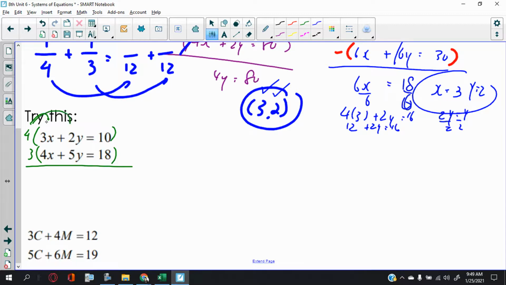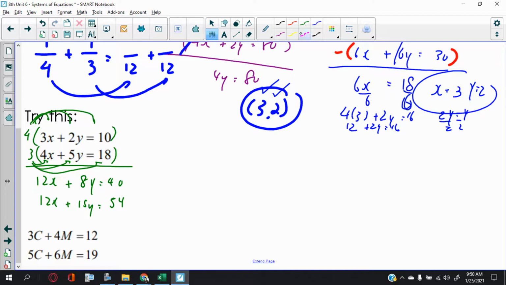And then I start changing it. So 4 times 3, that's 12x, plus 8y equals 40. Likewise, for the bottom equation, that's 12x plus 15y equals 3 times 18, 54.